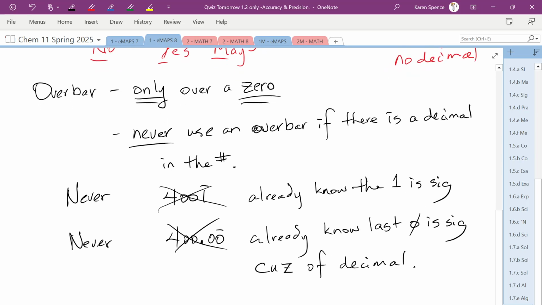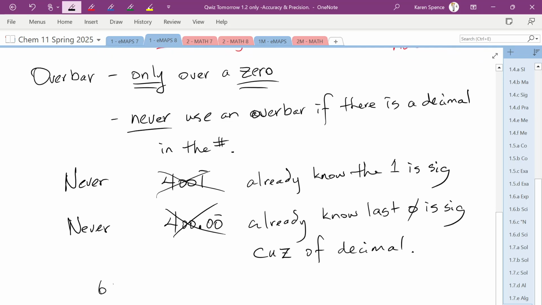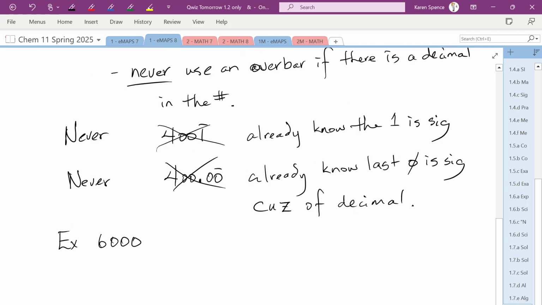Okay? So here we have our overbars. That's when we don't use them. What does it mean when we do use them? Let's take a look at the number 6,000. If I put an overbar here, that tells me that this zero is the uncertain digit.